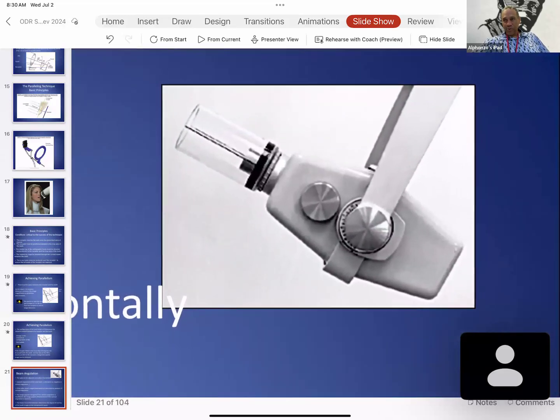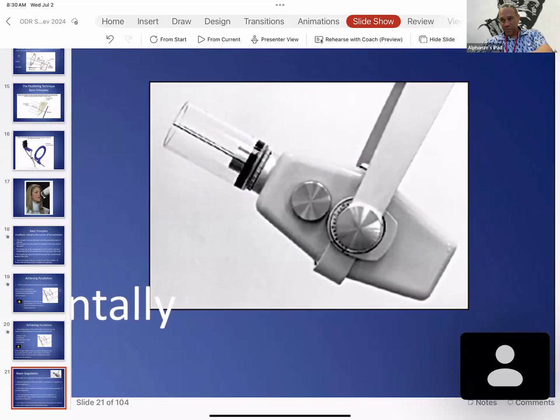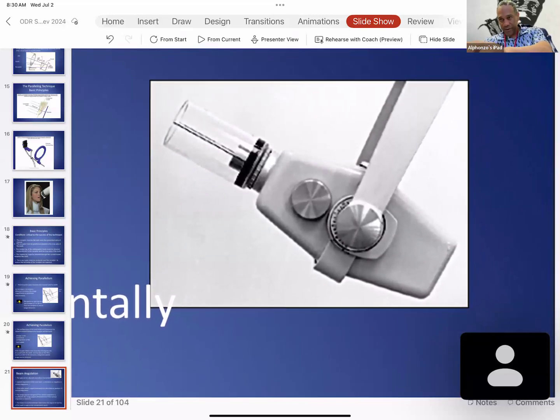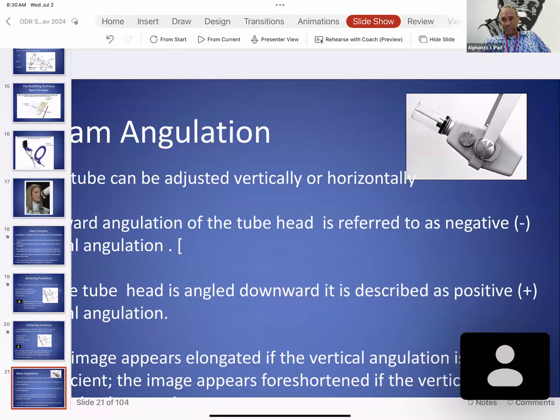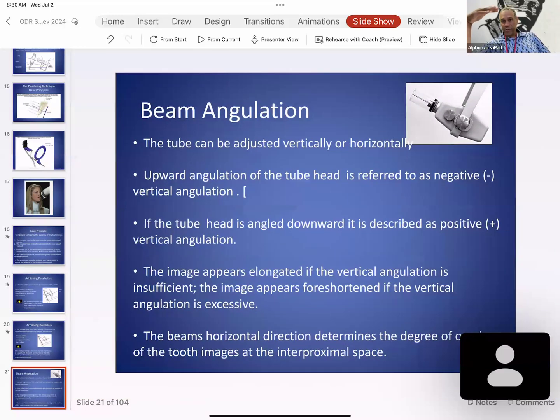Let's see. Is this screen getting bigger? You can see some little indicators on the side of the unit going around the access point where the tube head will pivot, in degrees, and that's really what gives you these numbers here.